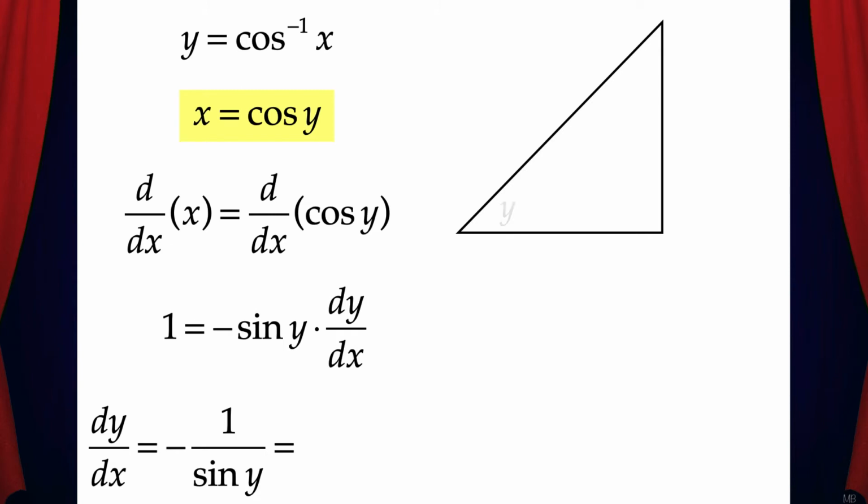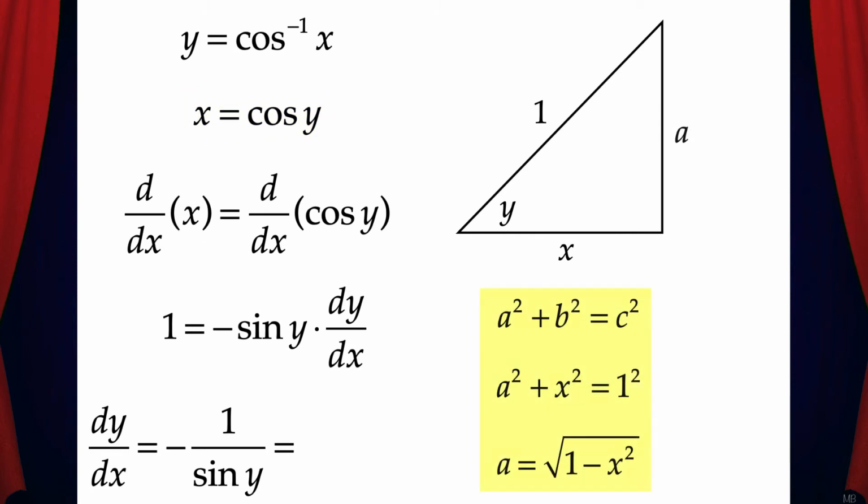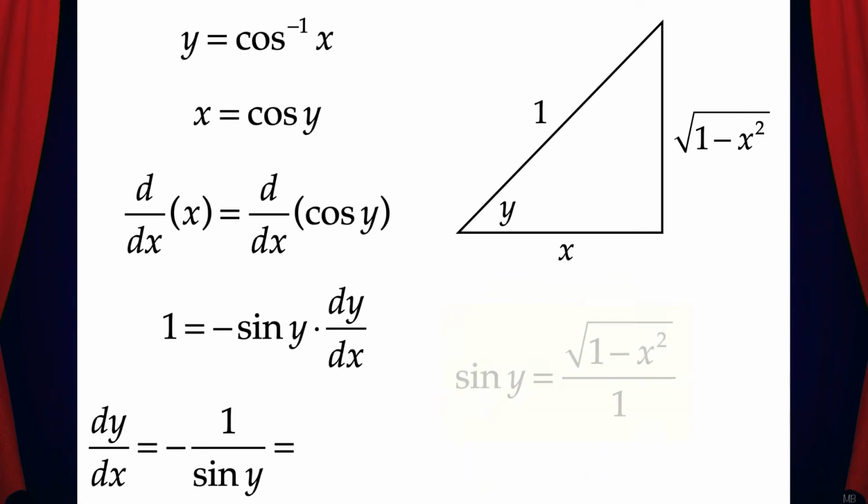Y is the angle, and cosine y is x over 1, and that corresponds to the adjacent side over the hypotenuse. Now we need to solve for the missing side of the triangle using the Pythagorean theorem. Just like the last example, we get the square root of 1 minus x squared for the missing side. Now we can find sine of y, which is the opposite side divided by the hypotenuse.